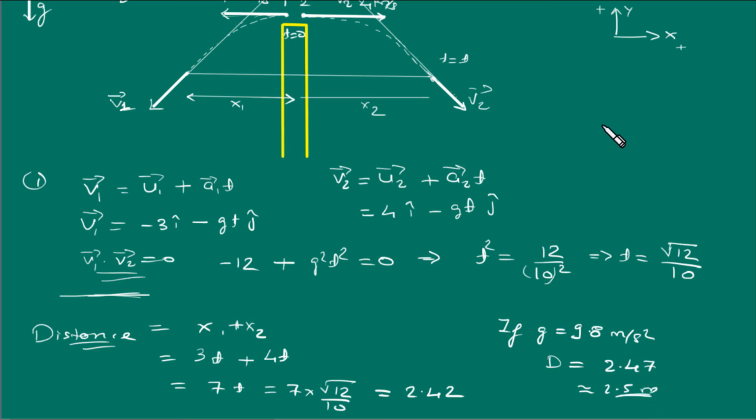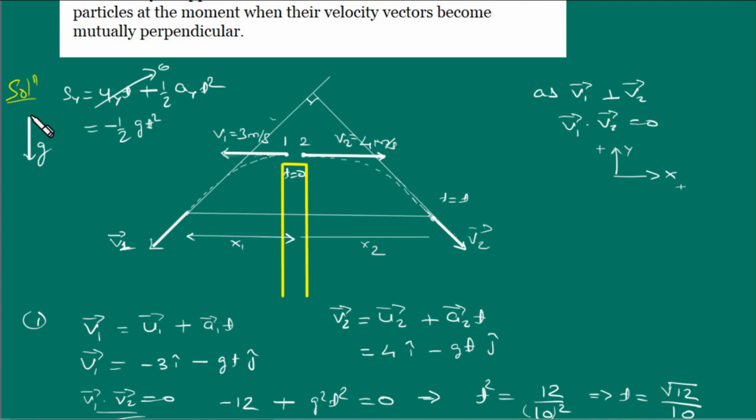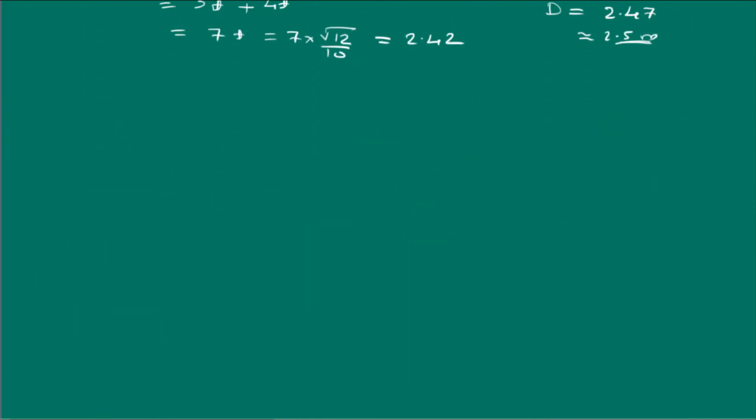Fine. Now I was telling you about the relative motion concept. We will just take one more minute. As we know that relative acceleration is zero, because both particles have the same acceleration in y direction. So relative acceleration is zero, and that means relative velocity is constant.